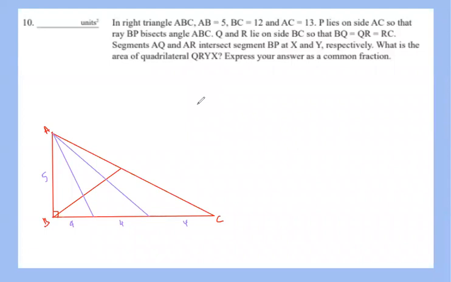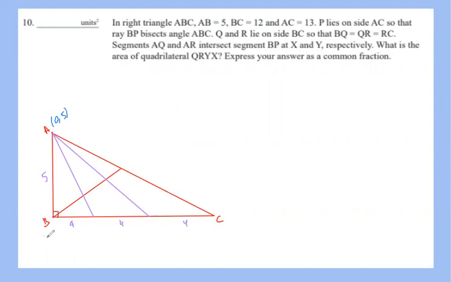Okay, so let's continue with the second approach. For now, I'm going to use the coordinate plane, because I have a lot of points going on, and I can write some of these as coordinates. If I take this line as my y-axis, this could be (0, 5).